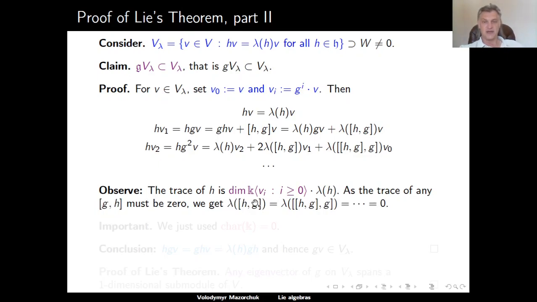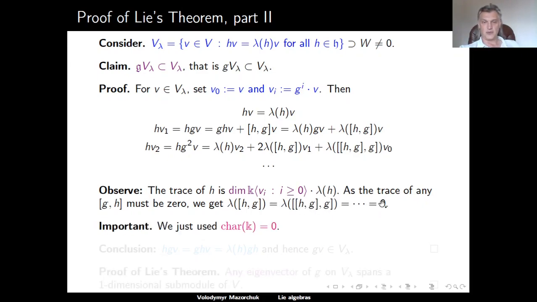Since the dimension of the subspace is a positive integer and we work over a field of characteristic 0, this positive integer is invertible. So we can deduce that the value of our linear functional lambda on any commutator of h and g, where h is an element in H, must be 0. Here it's the same thing, because the commutator of h and g belongs to H. So it's the same claim.